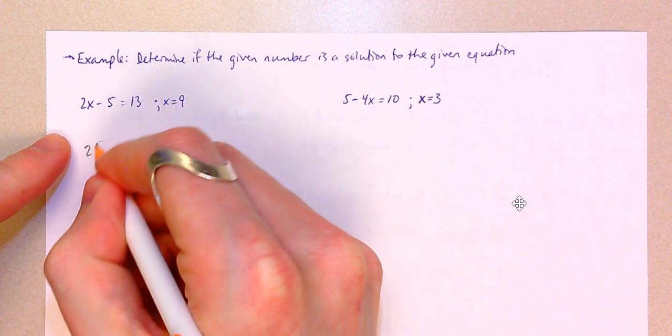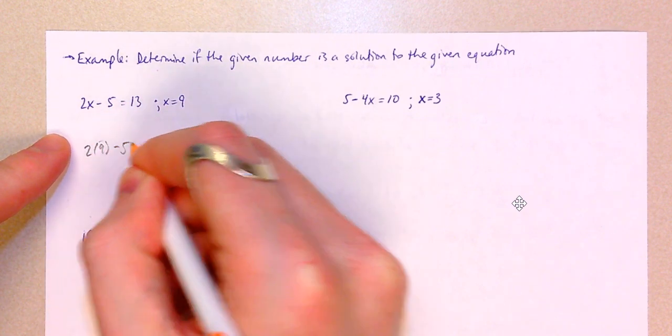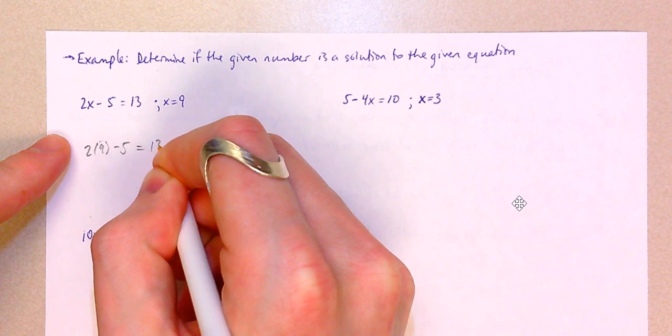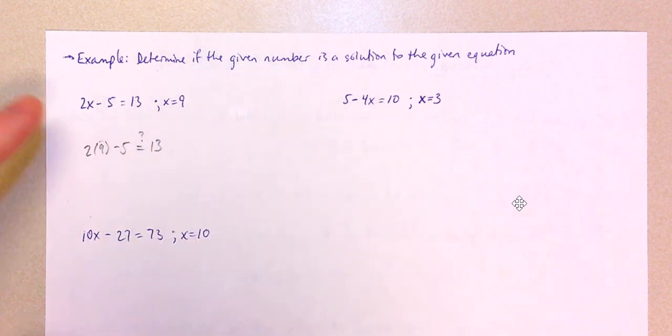So I have 2 times 9 minus 5. And I put the question mark over the equal sign because we don't know if this is true. Some of us may know whether or not this is actually true, but for the sake of this problem, we don't know yet.